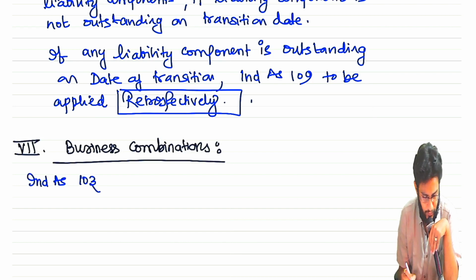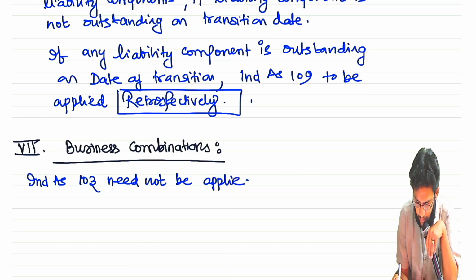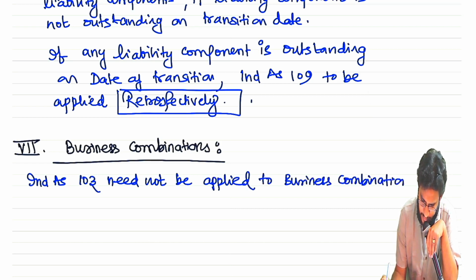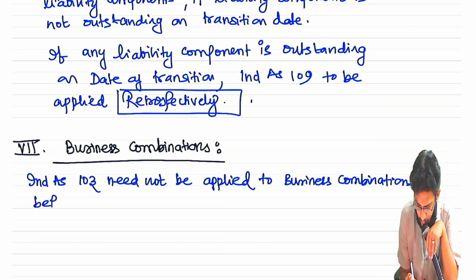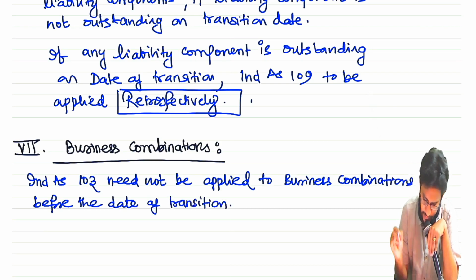Ind AS 103 need not be applied to business combinations before the date of transition.